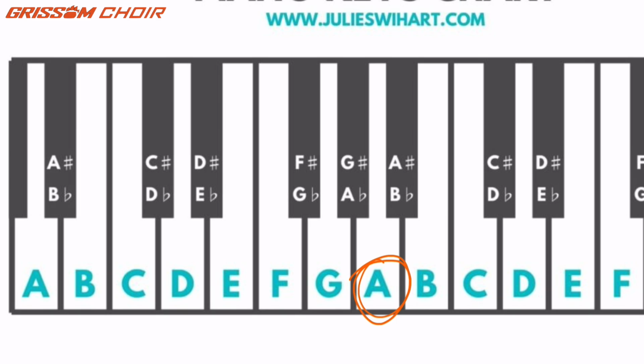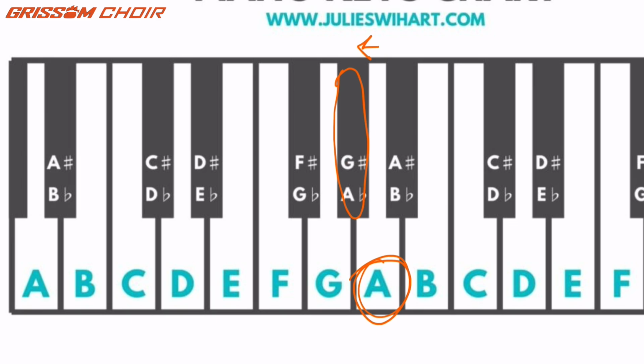Remember, flats go to the left to the next key. So if we look up here at the top, we go to the very next key. This is the black key right here. It is either A flat or G sharp.